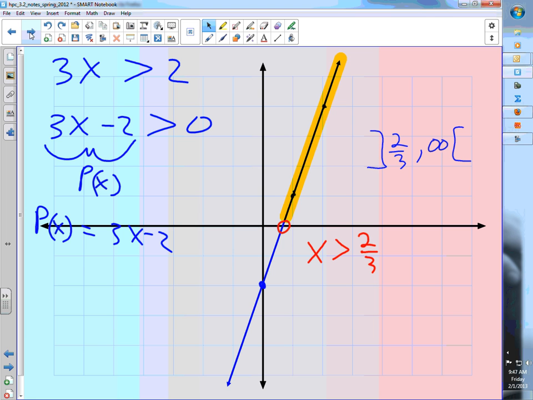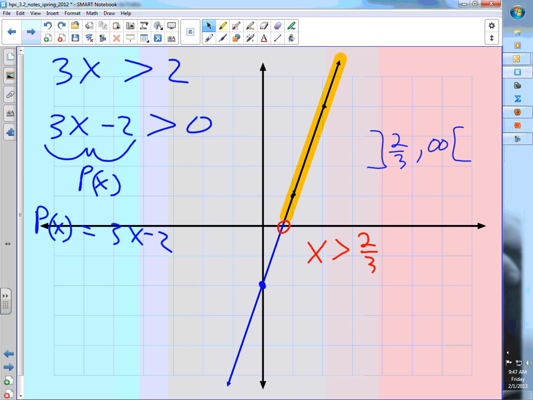That's not why I'm showing you this. I'm showing you this so you understand how it applies when we get to things that aren't so simple. So when we set this equal to 0 on one side, whether it's inequality or equality, we can then look at this side and we can say, okay, let's look at this graph. Where are the values for p of x, the y values? Where are they bigger than 0?